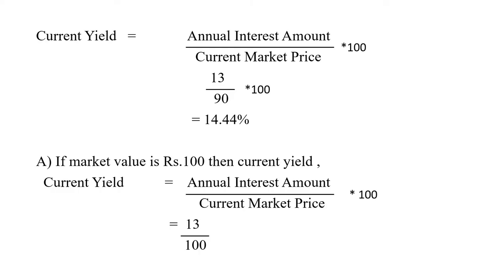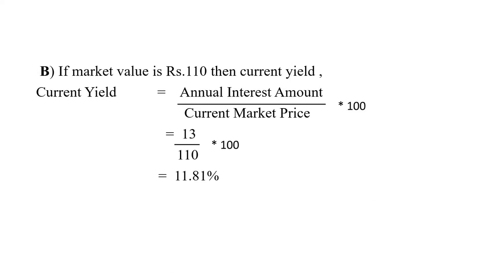Divided by current market price, which is 100. So 13 divided by 100 into 100, we got 13%. So that is the current yield.